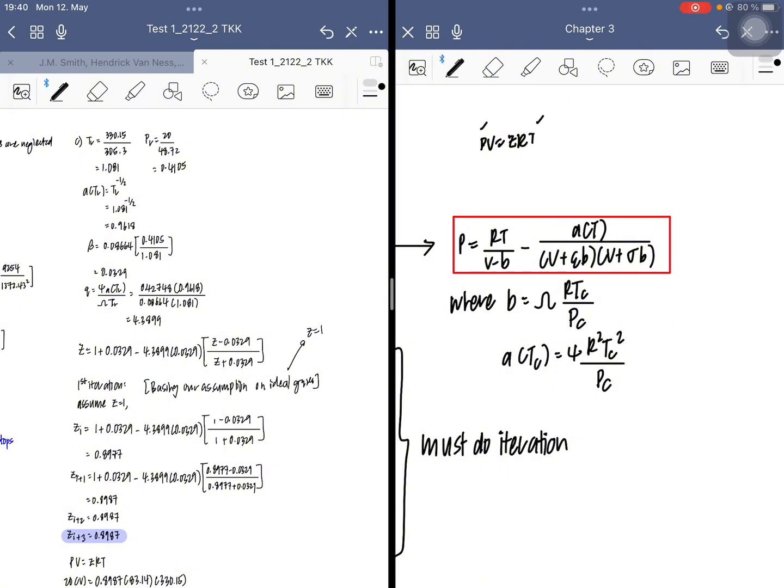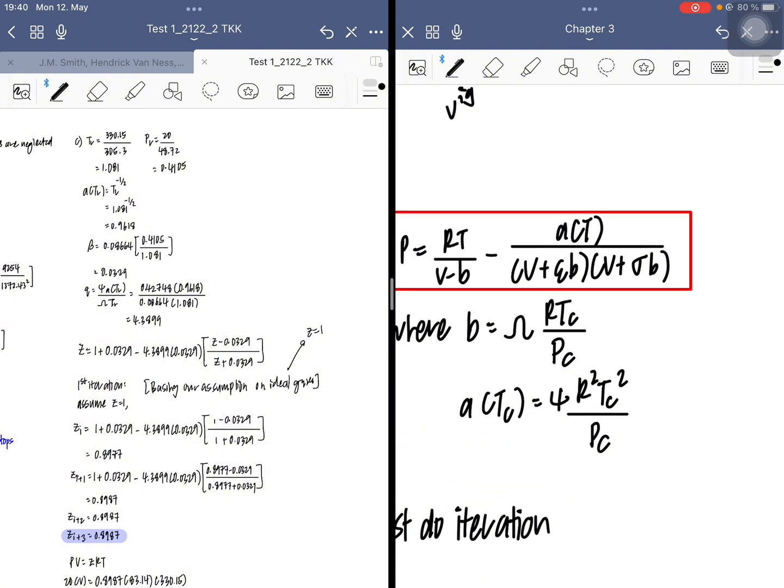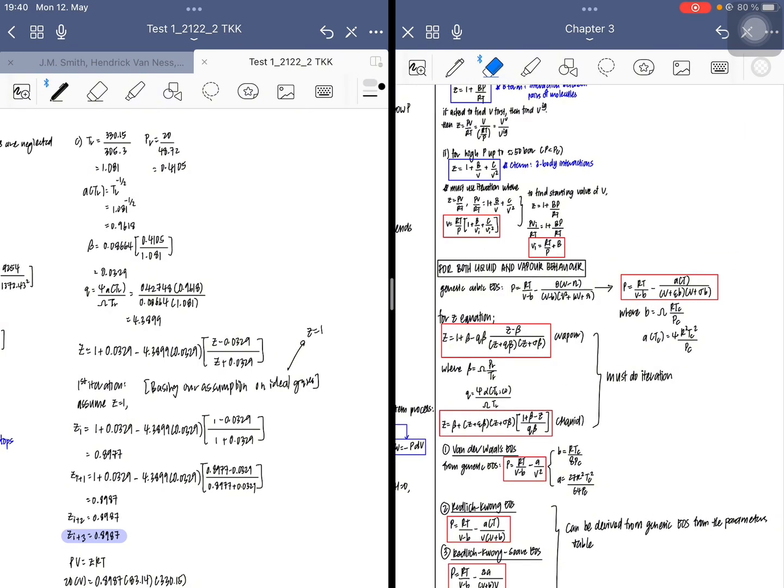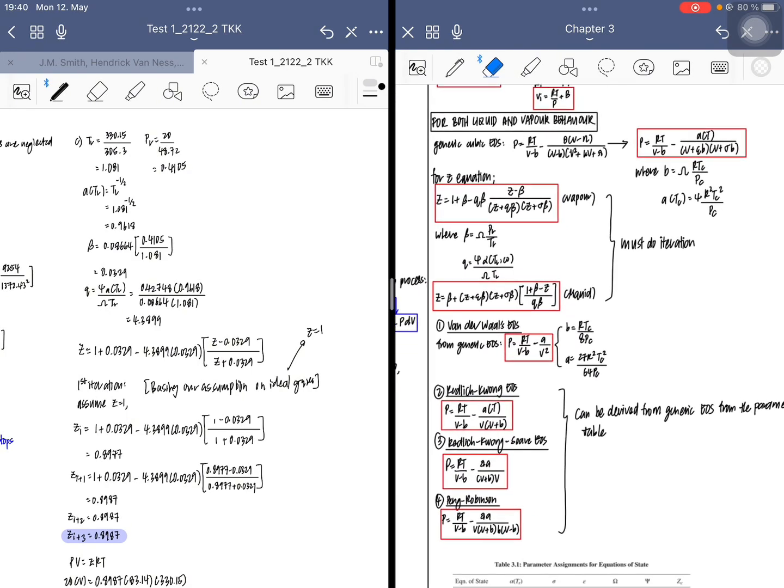P is given, T is given, R is also given, and Z equals 1 for an ideal gas. So just plug in the values to get V, and then start our iteration with the value of V from the ideal gas equation. Just substitute back the value of V ideal gas, which is V_IG. For this V here, it's actually V_IG. And then just do the iteration, honestly. It's not really that hard.